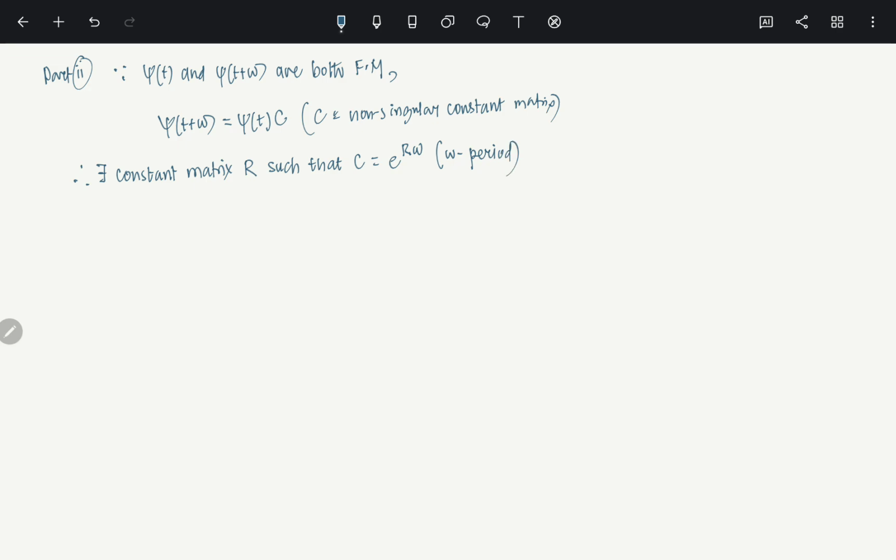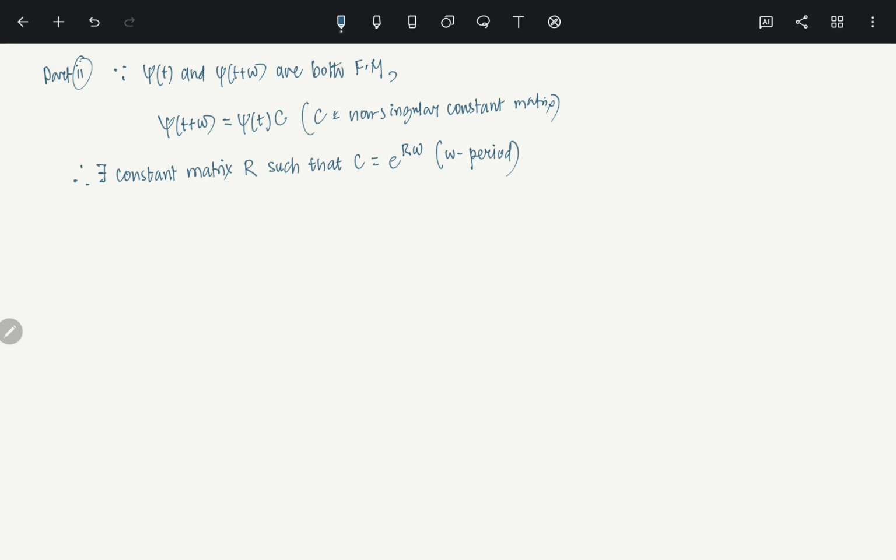C is a constant matrix, so we can write it as an exponential of RW. This can always be done. If you are not convinced, please do it yourself. I am going to put it as a part of the assignment. So that is clear.